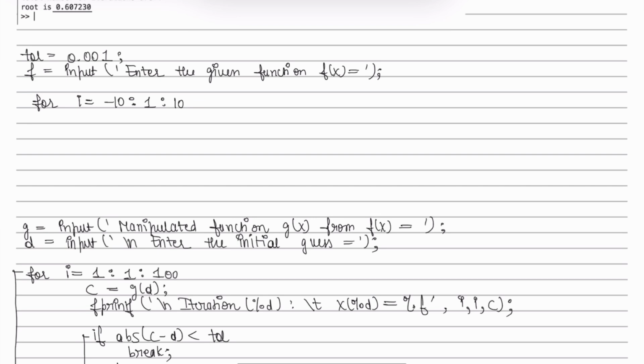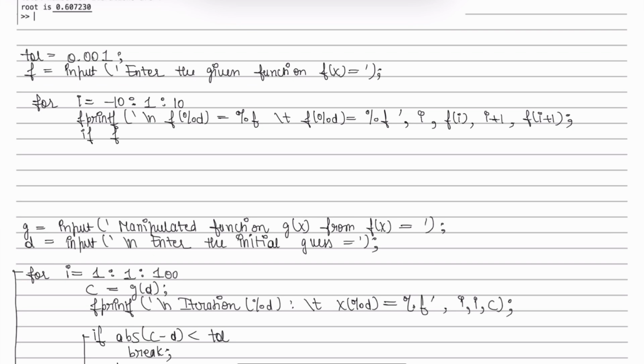You can always change this initial and terminal value of the for loop, provided you know that one root of the given equation will definitely lie in this range. Using the printing statement, this will help you show the value of the function at each point, where the intermediate value property is satisfied or not.